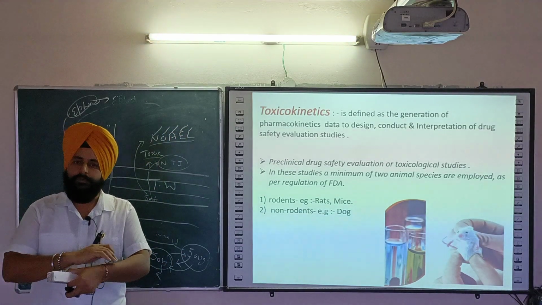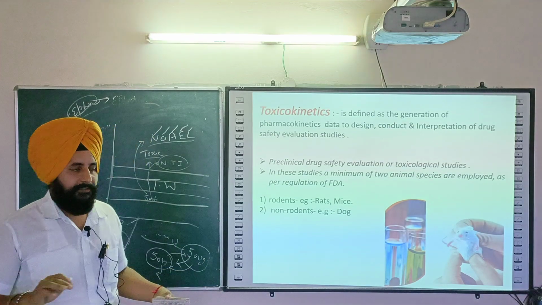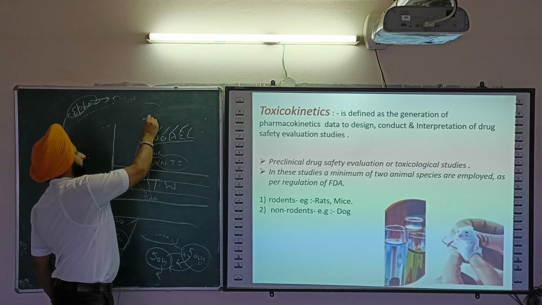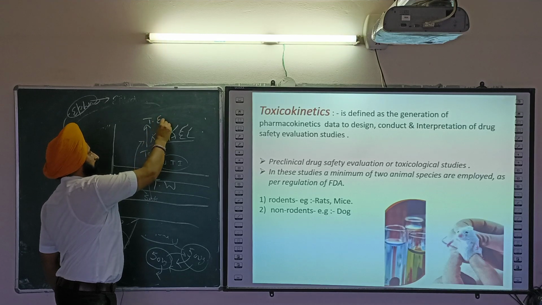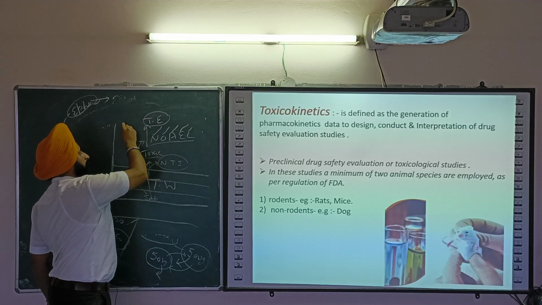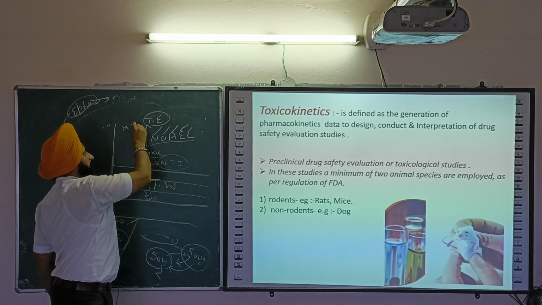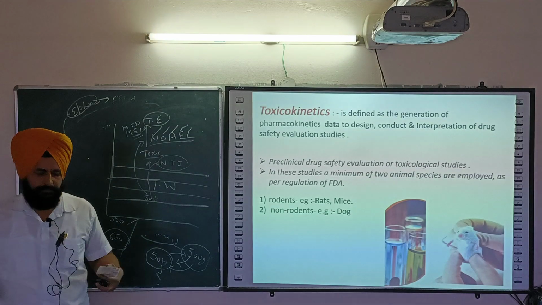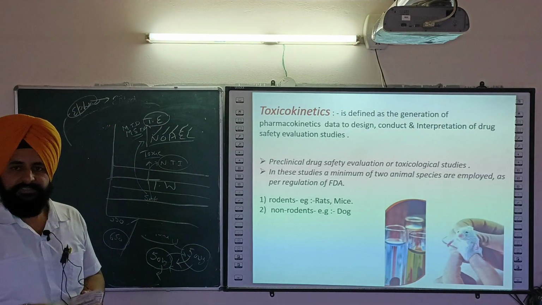It means you are in a safe window. But whenever you go beyond the NOAEL, there will be a toxic effect, which can be due to a minimum toxic dose or maximum safe dose. So this was the range which is called the maximum safe dose.